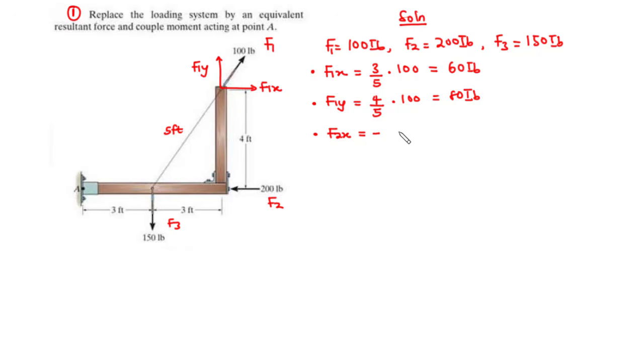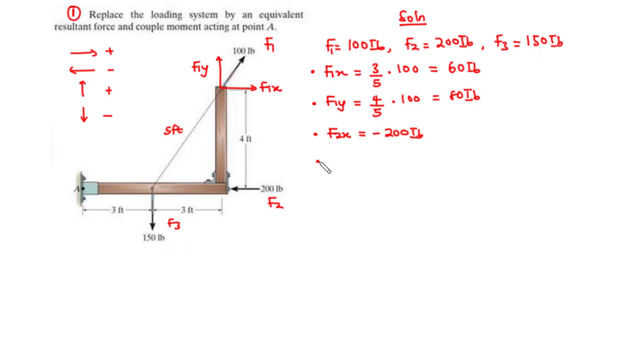So this becomes negative 200 pounds. So you can think of it as, if you have the force moving horizontally away from the point, then you have a positive value. If it is moving into the point, you have a negative value. If you have an upward force, that is positive. A downward force is negative.